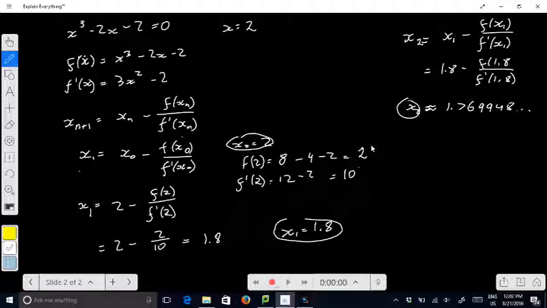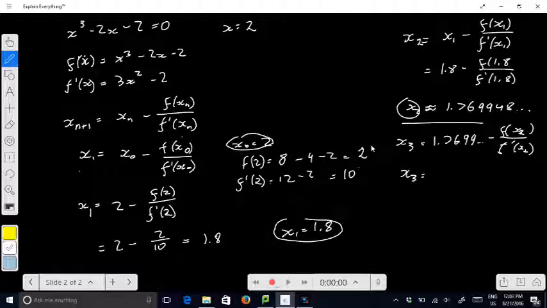And we can do that again. So x3 is going to be the previous term, 1.7699, take f of the previous term over the derivative of the previous term, and we get this continuing cycle of terms.